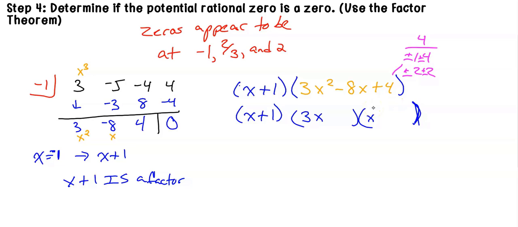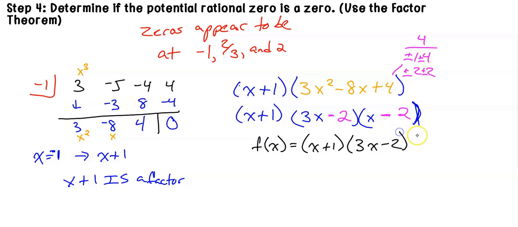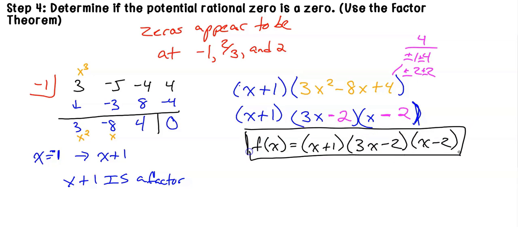So that's not going to work. And adding 3 and 4 doesn't work. So it's going to have to be 2, because 2 times 3 is 6, 2 times 1 is 2, and 2 plus 6 is 8. And we know that it's going to be negative for both of them. So our factors for f of x would be x plus 1 times 3x minus 2 times x minus 2. That would be the factored form of the equation.